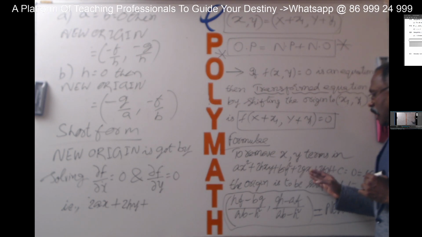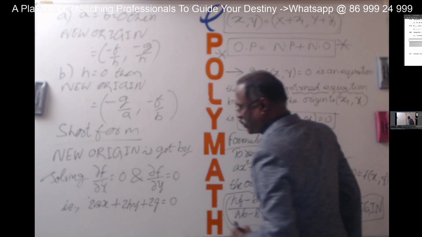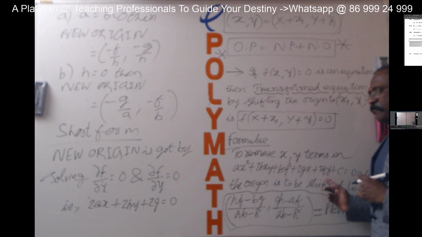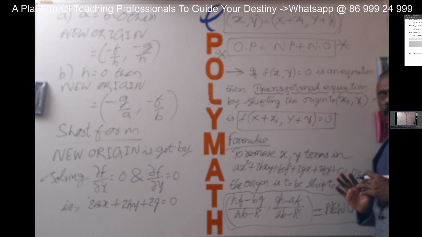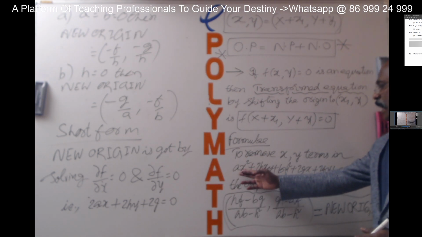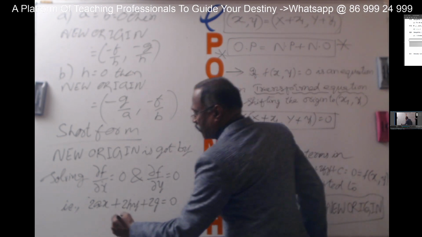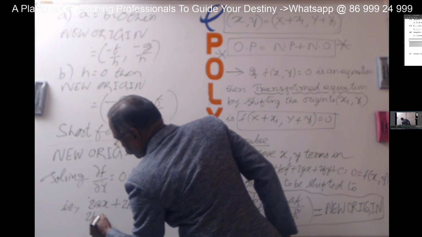This becomes 0, and 2gx, x derivative 1, plus 2g, equal to 0 because 2f is 0 and c also 0. Okay, now coming to with respect to y: ax square derivative becomes 0 and 2hxy derivative becomes 2hx.